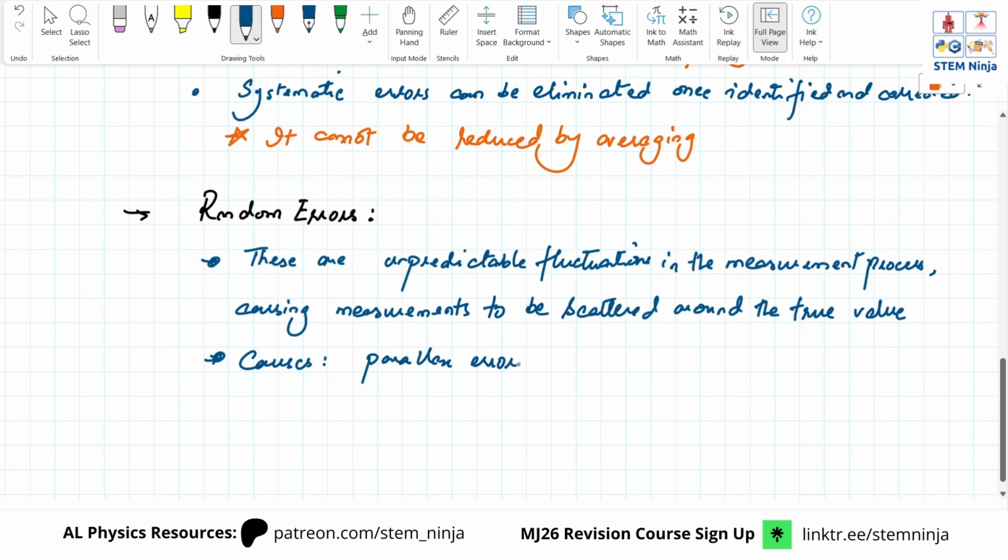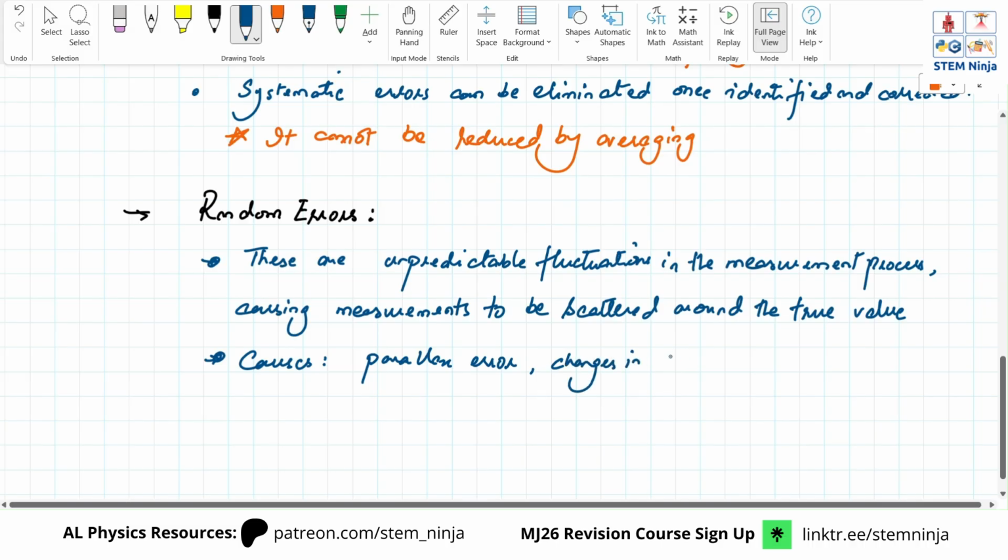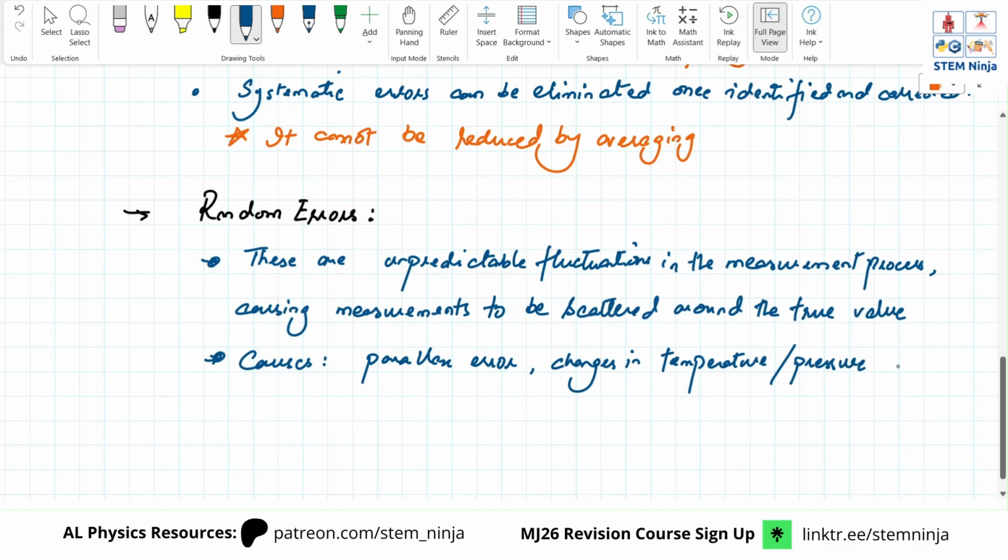Parallax error is random because your eye angle can change. Changes in temperature and pressure can also sometimes affect certain measurements.